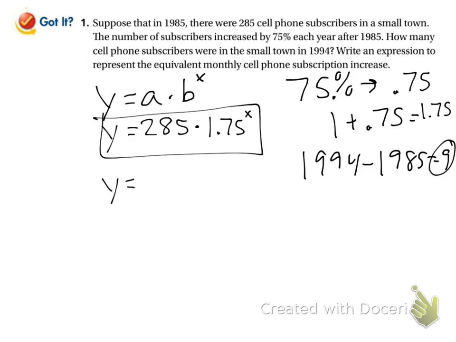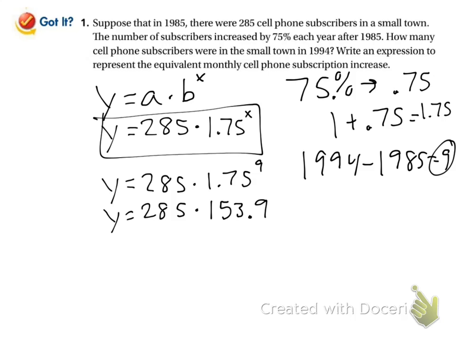So y equals 285 times 1.75 to the 9th. To solve this, we need to take care of our exponent first. So we're going to do 1.75 to the 9th power. So this is y equals 285 times about 153.9.